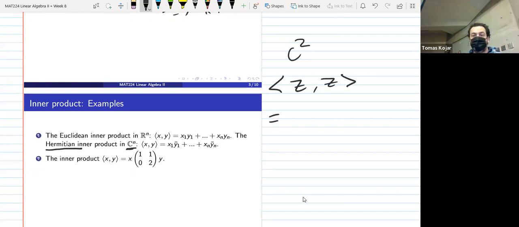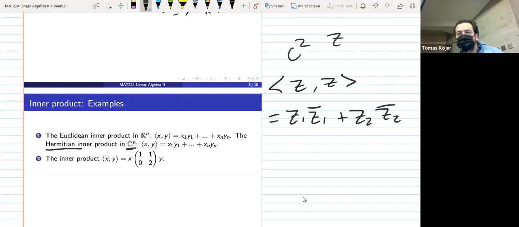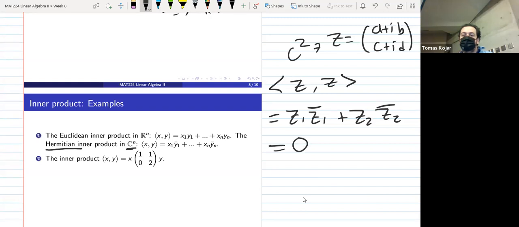So you have Z1 with itself, but conjugate, and Z2 with itself conjugate. To be clear, Z is a complex vector. Now, how do I show that this implies that Z is the zero vector? I just want to see if people follow.